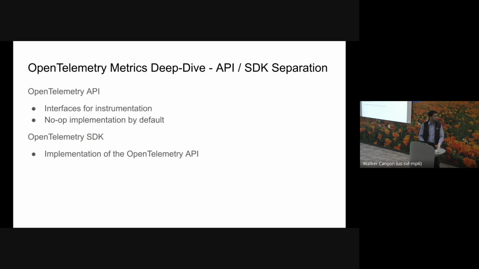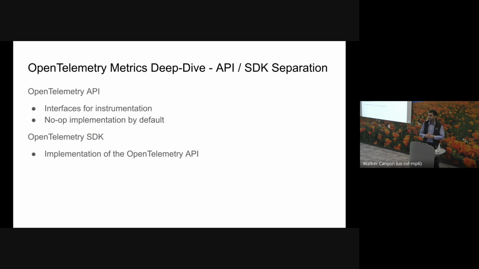At the very start, the architecture of OpenTelemetry is layered into two parts. One is an API, one is an SDK. The API is just a set of interfaces. It's not really implementation. If you just use the API and try to record metrics, it'll be a no-op. You won't see any metrics. The SDK is where the actual implementation comes in.